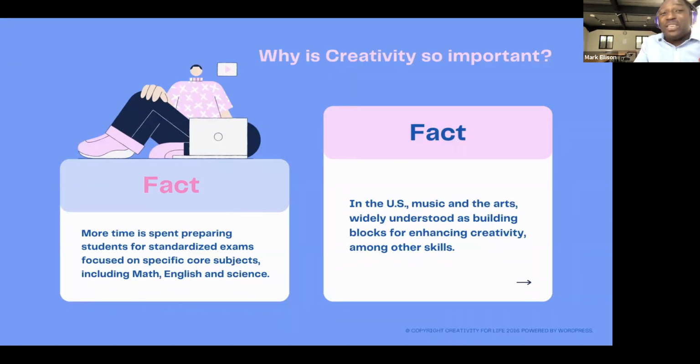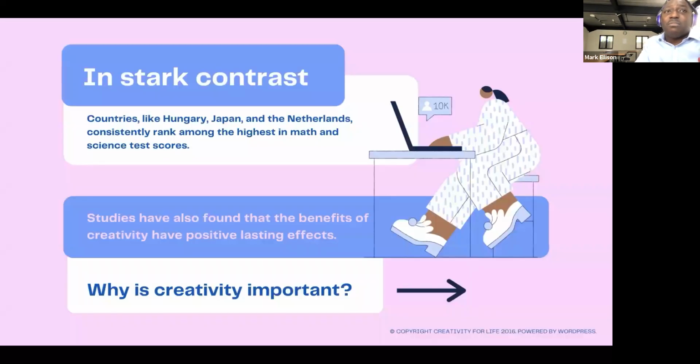Yet, the truth is, less time is actually spent supporting creativity and child-driven learning, right, as documented on this website. In the US, music and the arts are widely understood as building blocks for enhancing creativity amongst other skills. However, they are considered peripheral activities more appropriate for a few talented students rather than the masses. So that's what we know.